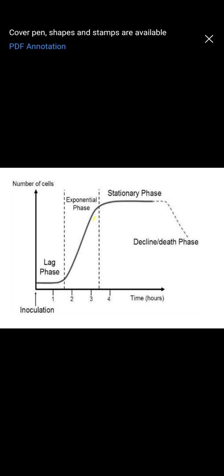At the end of the log phase, as I told you already, the organism is highly active and continuously feeding, so the amount of nutrition starts depleting in the medium, and there is accumulation of toxic materials in the medium, which means in other words the pH also keeps changing.